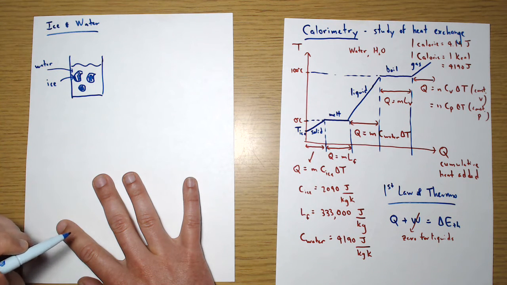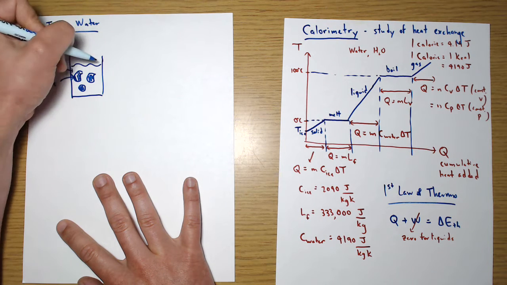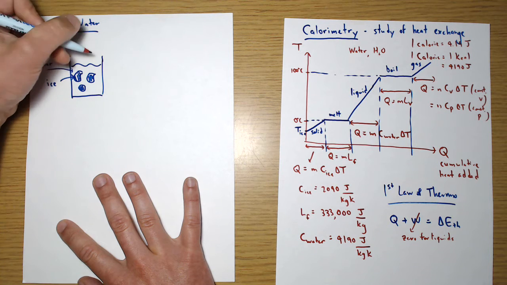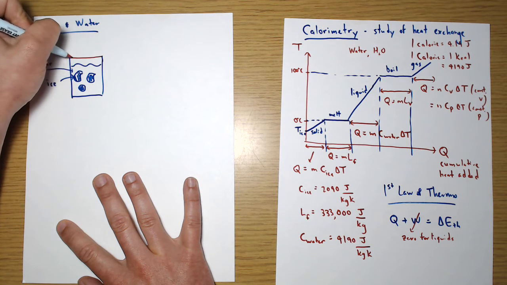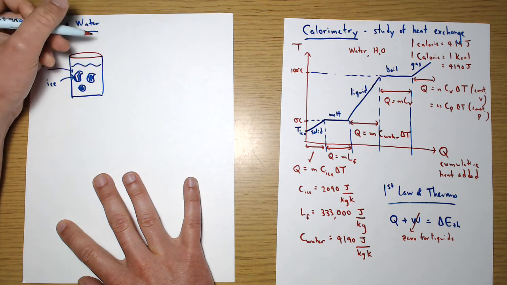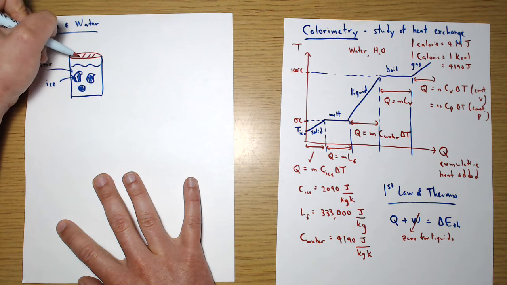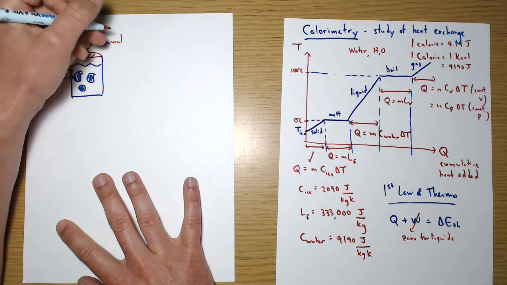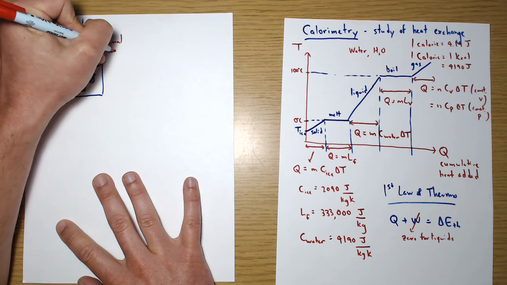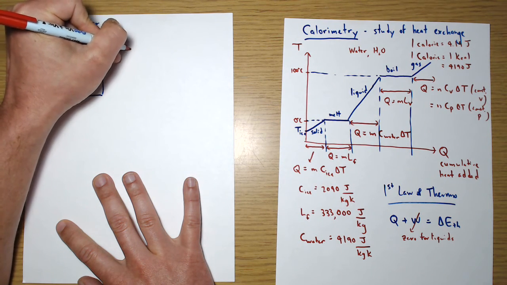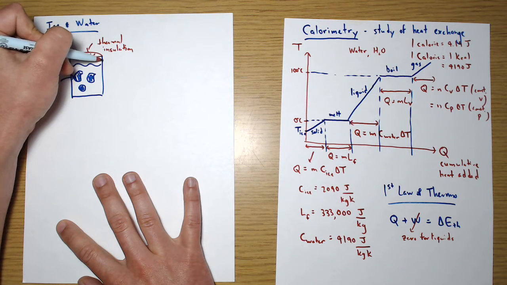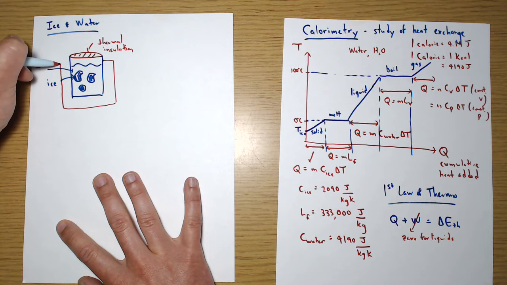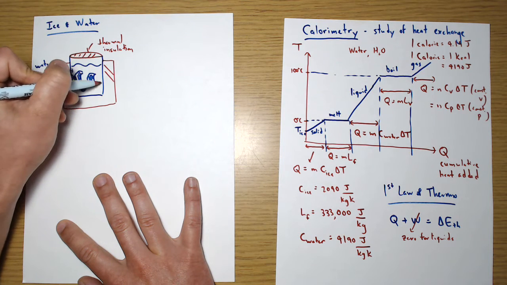So right now this is just a cup, but if I try to construct a calorimeter, I want as little heat as possible to be escaping. So I'm going to put a lid on here. This is for some thermal isolation. And then let me also put an insulating cup around it.